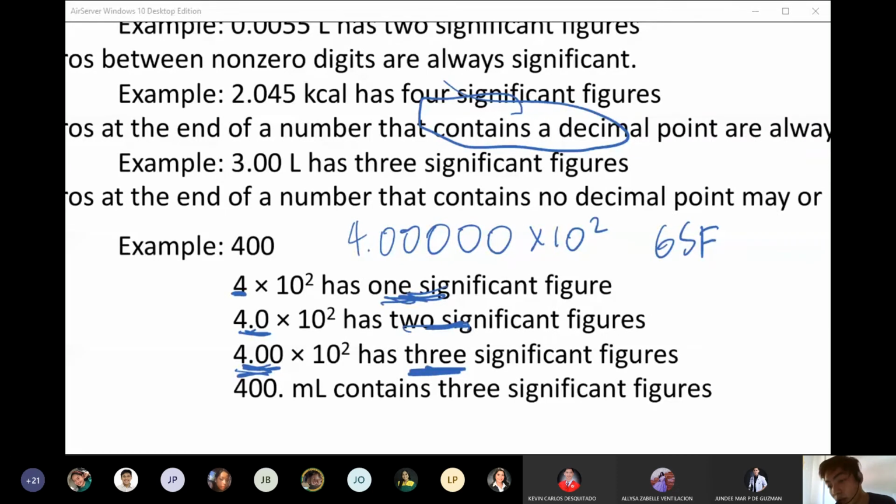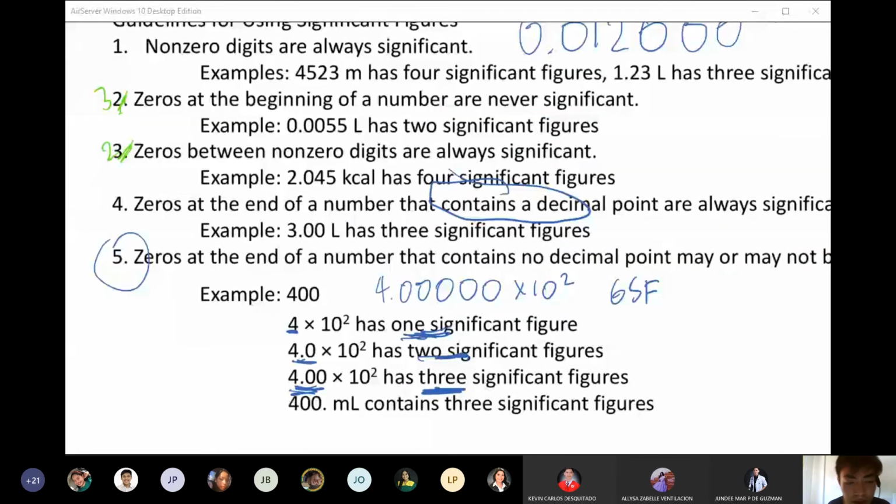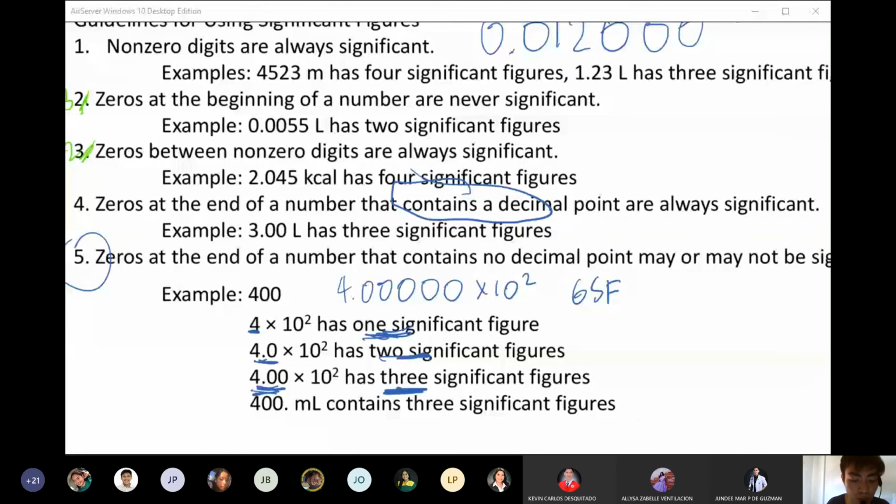So as you can see, without the decimal point, there are lots of interpretations about the number. So it's important to place the decimal point. So what's the resolution? In cases of ambiguity, we have 2 ways to resolve it. Number 1, we can write them in scientific notation so you can see how many significant figures there are.